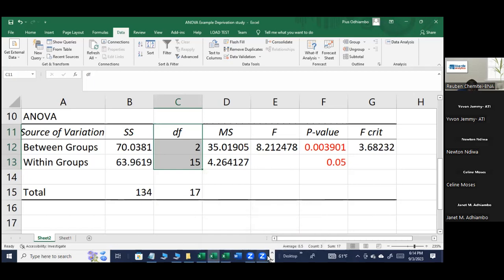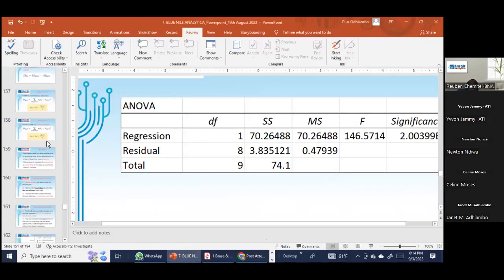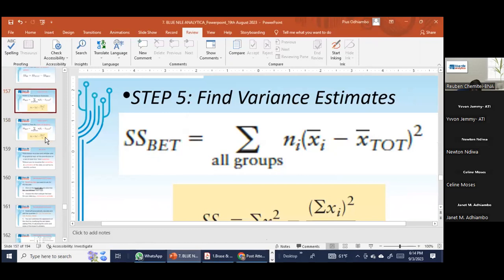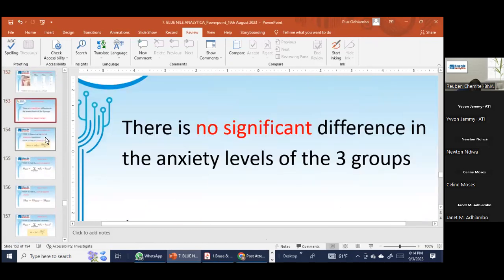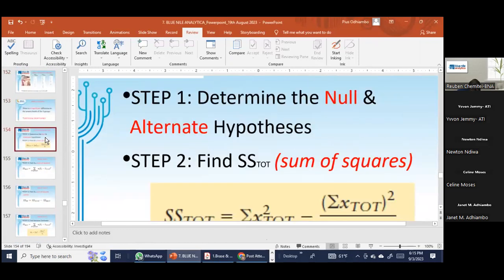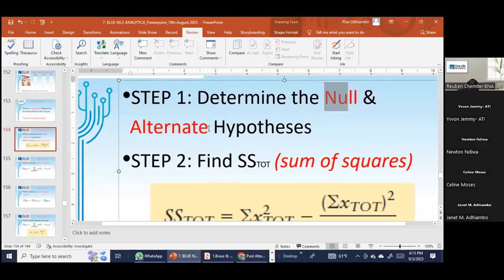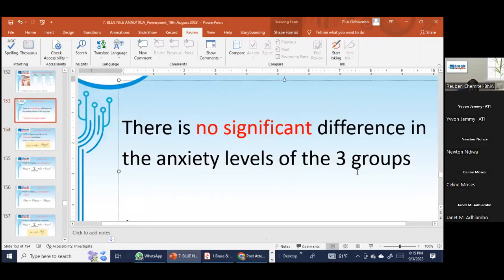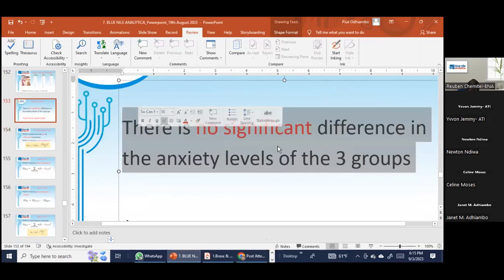But what you need to ask yourself here is, when determining the null and alternate hypothesis, the two read almost the same. The null hypothesis would read, there is no significant difference in the anxiety levels of the three groups.